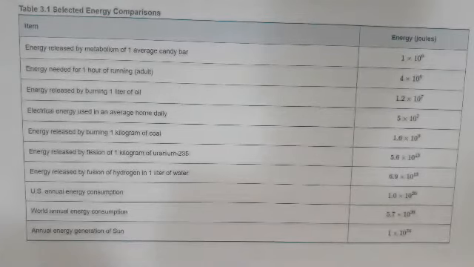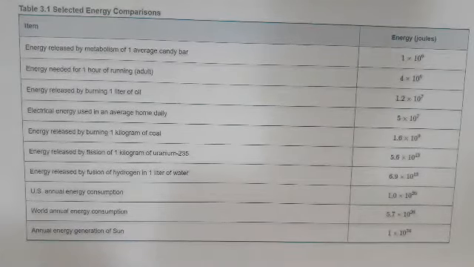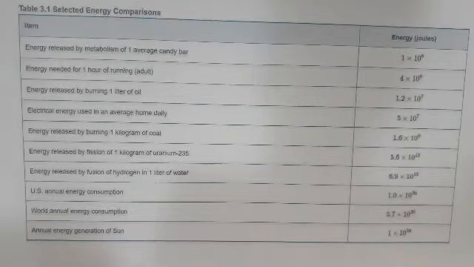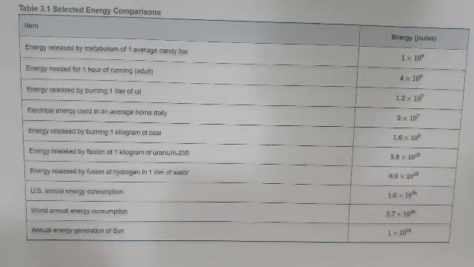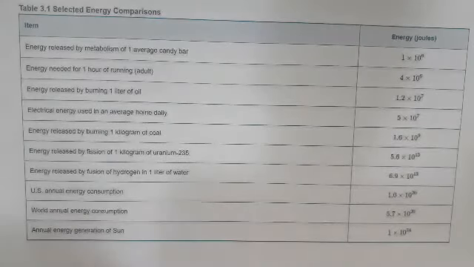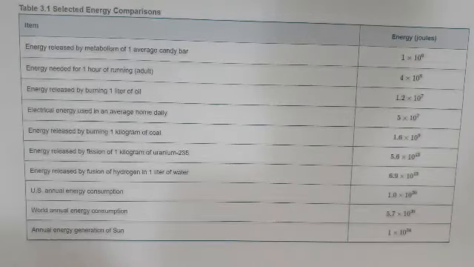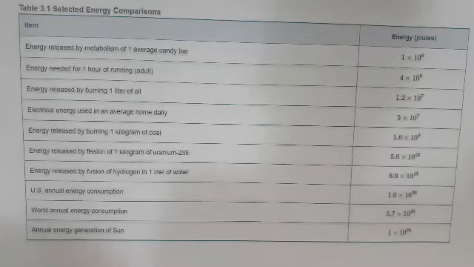So we are going to start talking more about energy in these next problems. They have this table of selected energy comparisons here. You might notice that there are these energies from like eating a candy bar to running an hour to burning oil. They have the U.S. and world energy consumption, annual energy consumption.